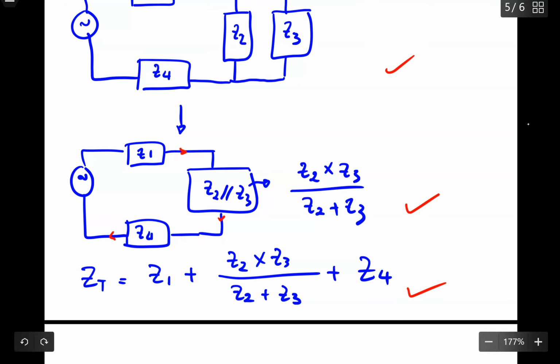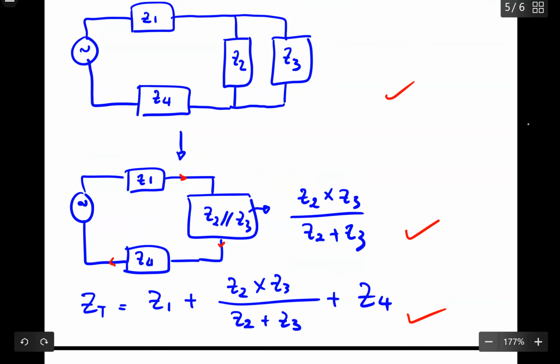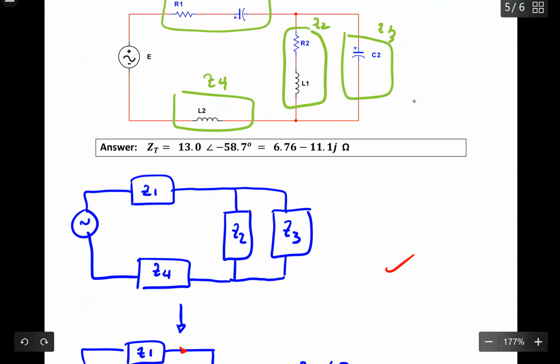Now you see that the mathematics will in fact simplify this circuit.